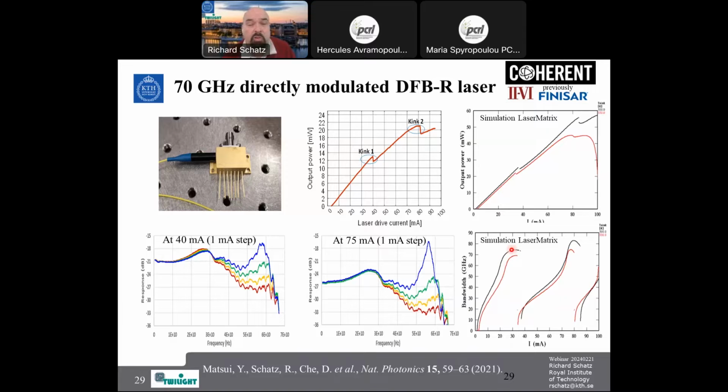So we use all three effects here to get high bandwidth. And here you see that the modeled bandwidth can be even above 80 gigahertz. However, if you are biased at another point here, you don't have such high bandwidth. So if you're biased on the short wavelength flank of your reflectivity curve, then the bandwidth is much less.